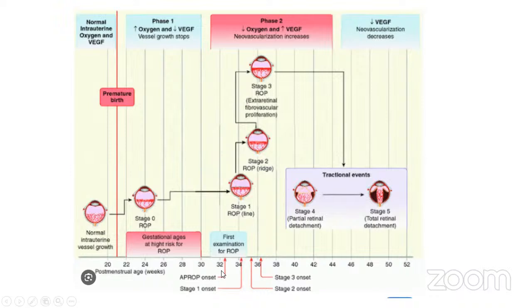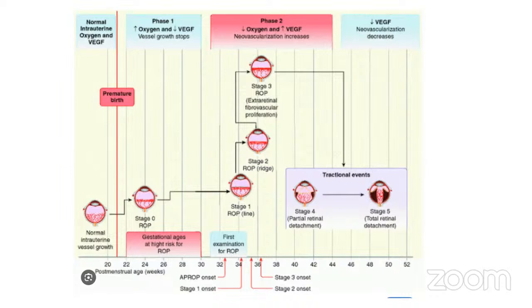Here you can see that the high risk gestational age is 22 to 30 weeks of gestation, and the first examination is generally done between 32 to 34 weeks. If there is a risk of aggressive posterior ROP, it can develop between these 32 to 34 weeks, and stage 1 ROP can also develop, and stage 2 and stage 3 in the subsequent weeks, 35 to 36 weeks.